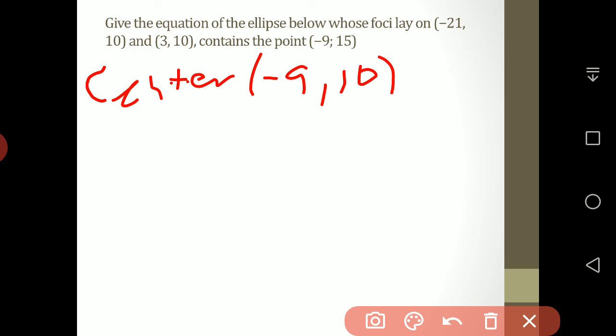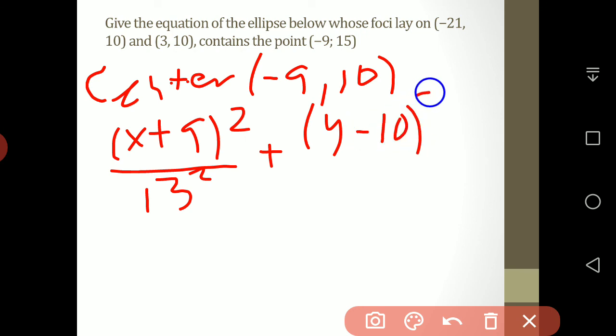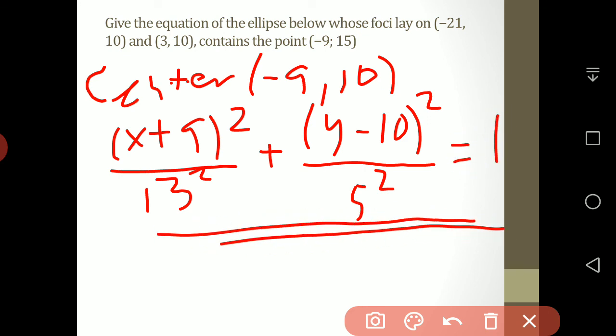So we have (x plus 9) squared over our a, which is 13 squared, plus (y minus 10) squared over our b, which is 5, so 5 squared, equal to 1. This is now our equation.